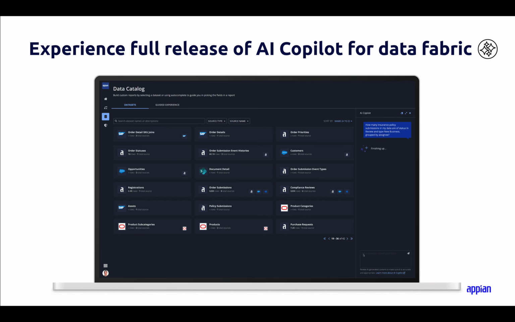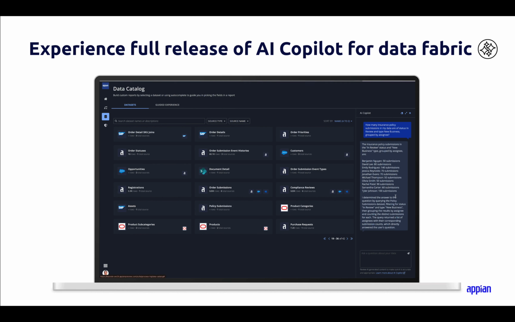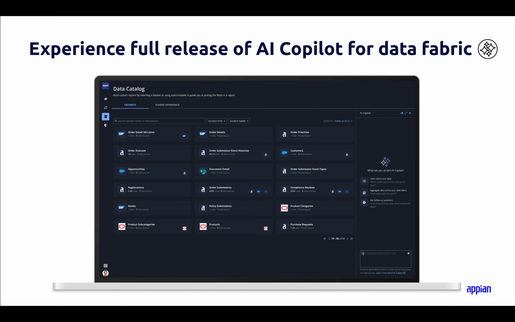Plus, while you wait for answers, you'll now see real-time progress updates through new chatbot messages, ensuring a more transparent and engaging experience. Additionally, AI Copilot now supports up to 250 record types in the data catalog, up from 60, allowing you to leverage even more data for deeper insights. These updates provide an even better experience and mark the general release of AI Copilot for Data Fabric.